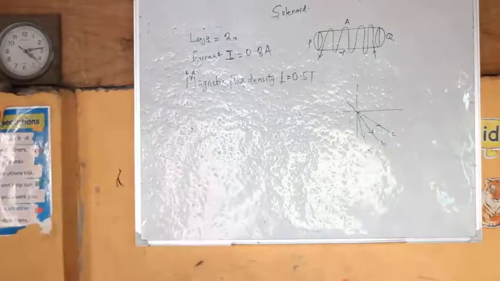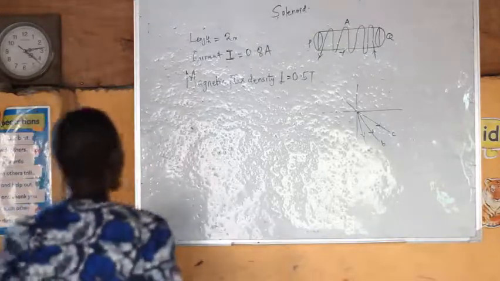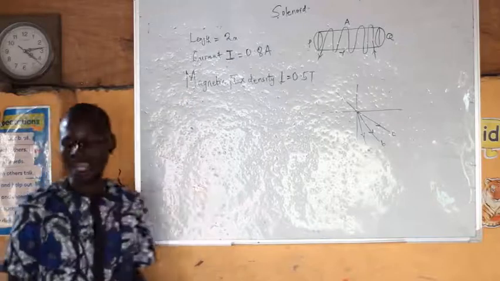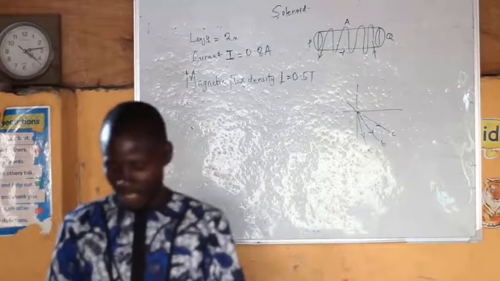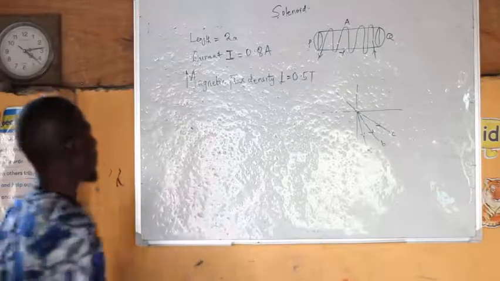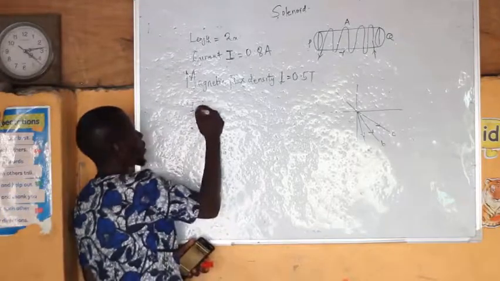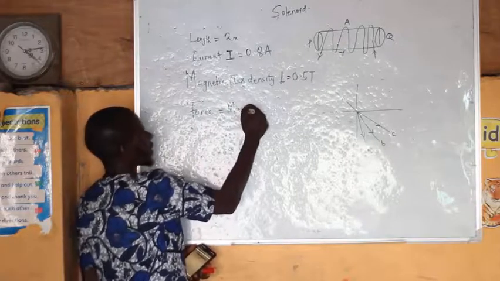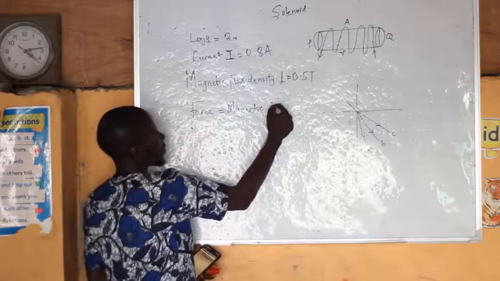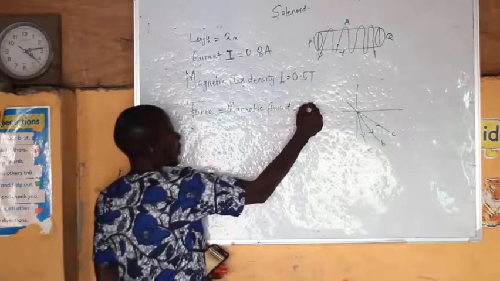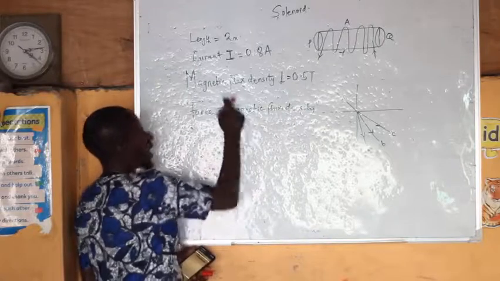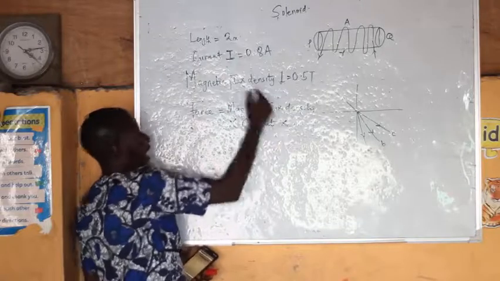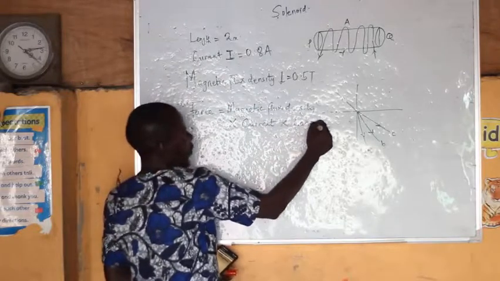Now, to calculate the force acting on this, what is the formula for the force in a magnetic field? The formula for this force is force equals your magnetic flux density, multiplied by your current, multiplied by the length of the wire.